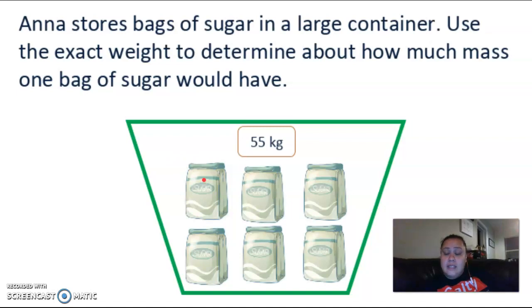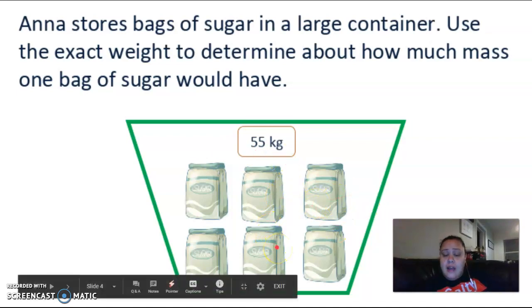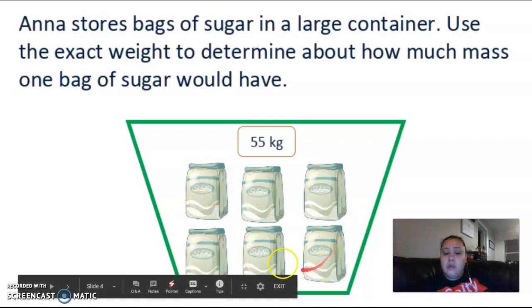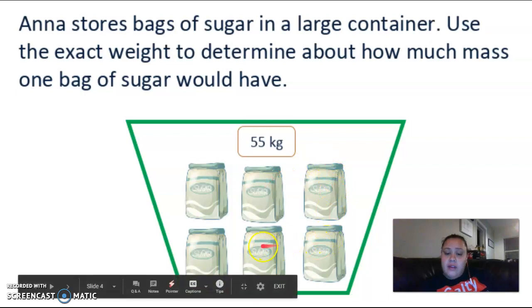Okay, so basically this is division, where we would divide the kilograms equally, because they're the same sugar bag. Since there are 6 bags of sugar, we know multiples of 10 would equal 60. So this is less than 10, because if this were 10 kilograms, it would be 10, 20, 30, 40, 50, 60.